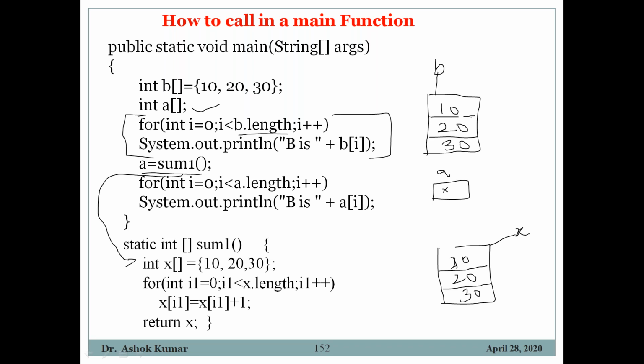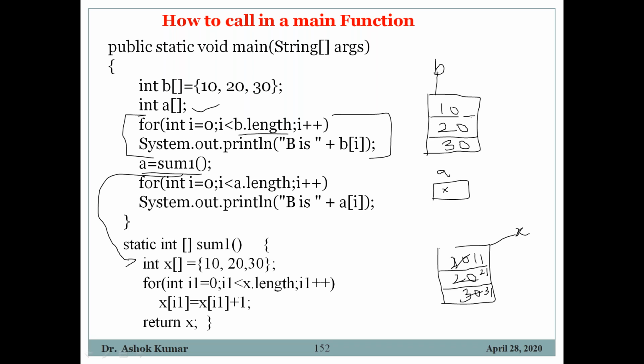Then the next loop will increment the value of every element by 1. So this will change to 11, this value will change to 21, and this value will change to 31, right? Every element will be incremented by 1.